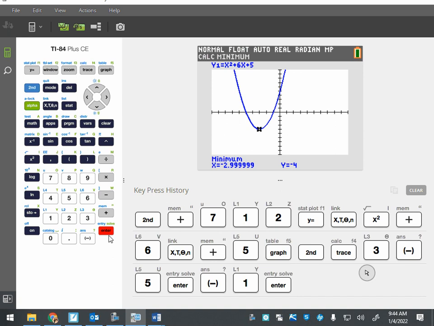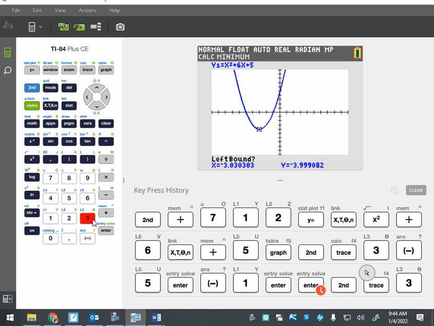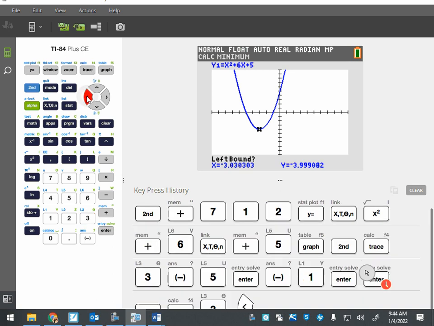Another way to find the minimum, go to second, trace, number 3, where it says left bound. If you move your cursor slightly to the left, hit enter, it gets that point. Then it says to the right, move your cursor to the right of the curve, hit enter, then hit enter again until it says minimum. You get the same thing.